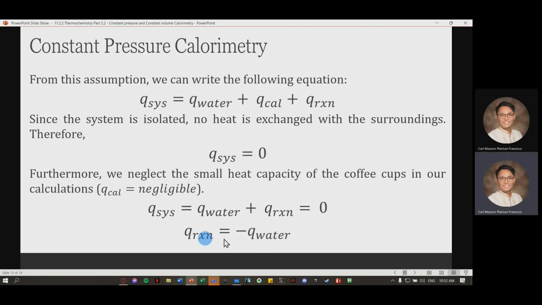Okay. However, this particular relationship changes. It depends on the type of reaction. Kasi for example, if water absorbs heat, so dapat positive ito. Ito naman negative kasi nga nag-release yung reaction. Pero nga kung absorb naman or rather nag-absorb ang water, so it's the other way around. So it varies. But nonetheless, this is the general idea of the constant pressure calorimeter.